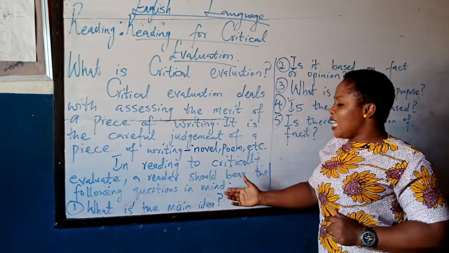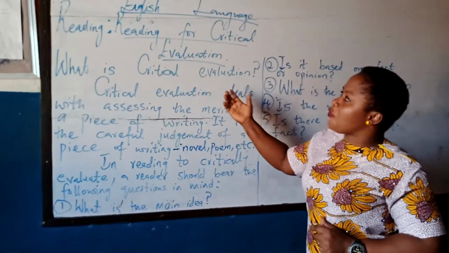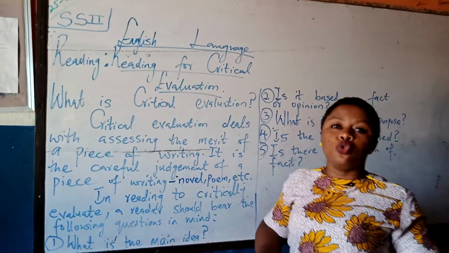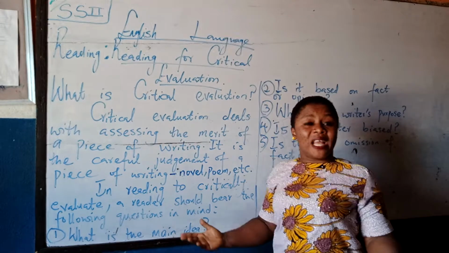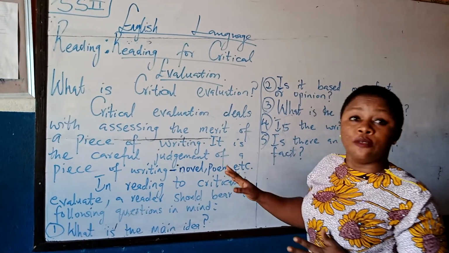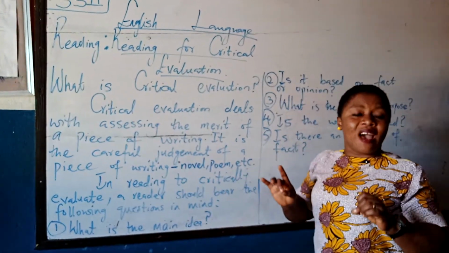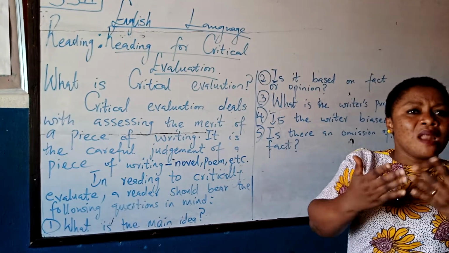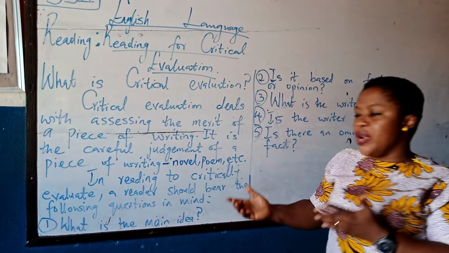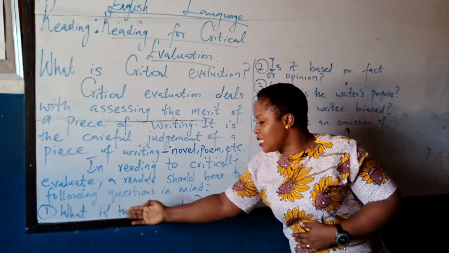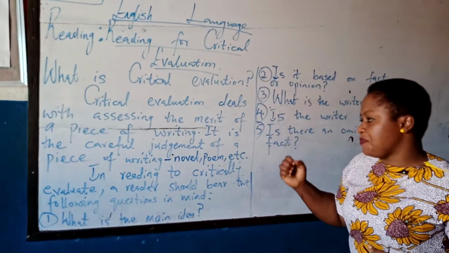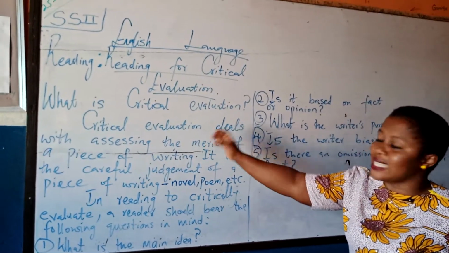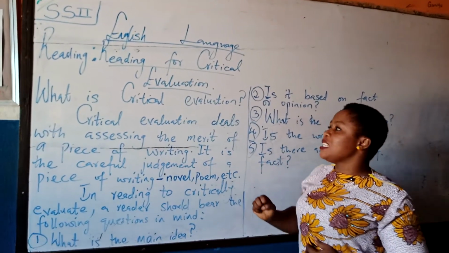In this form of reading, you do not have to read to entertain yourself. You do not have to read just for pleasure. In this type of reading, you have to read carefully to find out what the writer has in mind to pass across to their readers. Like I said, what is the main idea? A reader should bear that in mind while assessing the merit of a piece of writing.